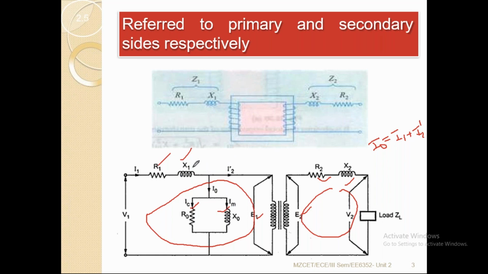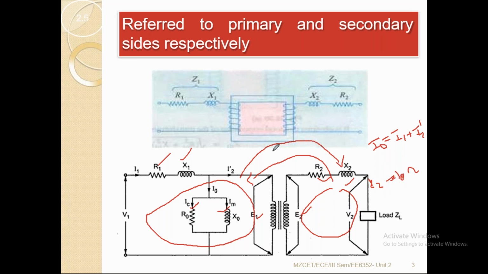Now if you want to find this equivalent resistance and equivalent reactance, you must shift either the secondary parameters to the primary, or the primary parameters to the secondary. Then only can you add that resistance and reactance. Now if the secondary parameters are shifted to the primary, suppose R2 equals some 10 ohms, when this value is shifted to the primary, this value should be changed.